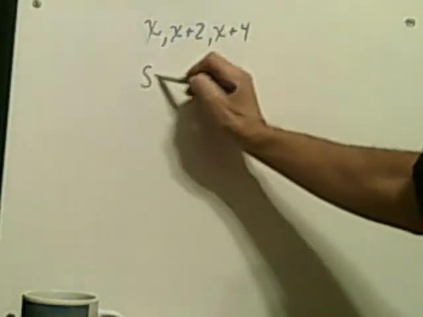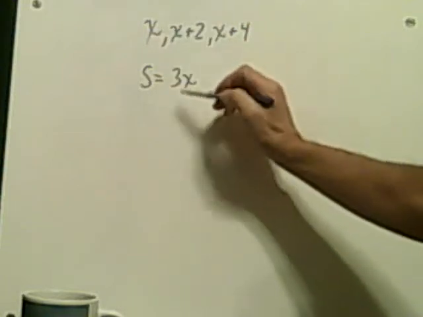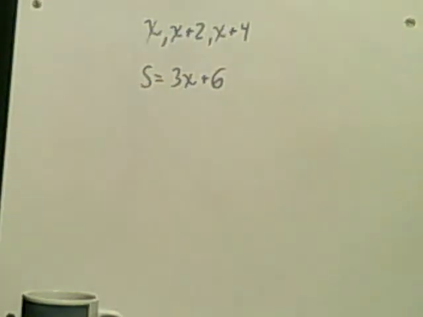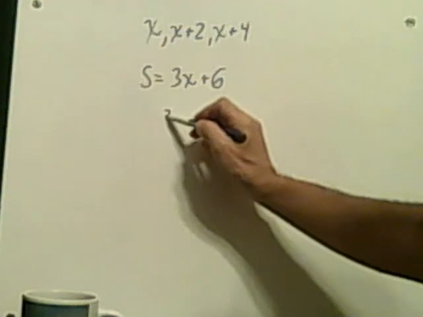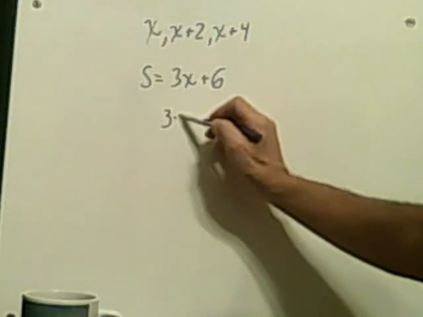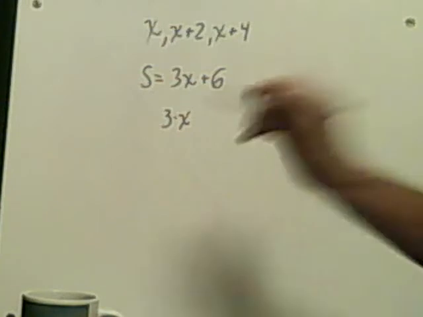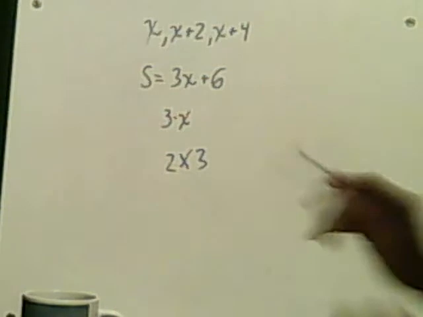So the sum is going to be the sum of these three. It's going to be 3x plus 6. I just did that in my head. Now remember, this 3x, that's the same as 3 times x, right? We use a dot. We don't use the x like 2 times 3, okay?